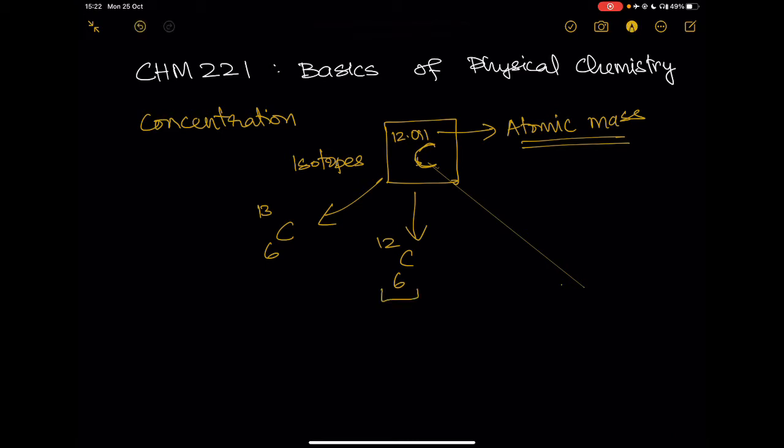For C12, the isotopic abundance is something like 98.9%, while C13 is about 1.1%. There are also other isotopes that are present for carbon. However, they are present in trace amounts and are also fleeting in their existence. So therefore, we are only going to be talking about the stable isotopes that are present.